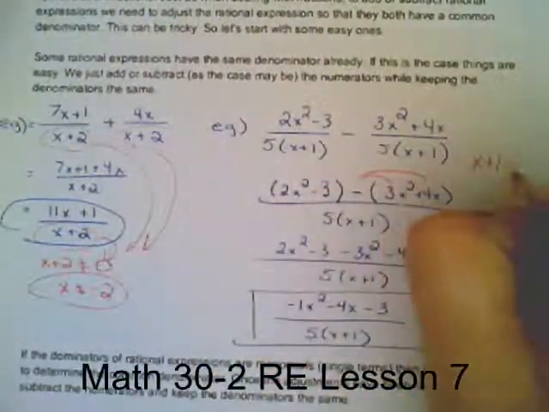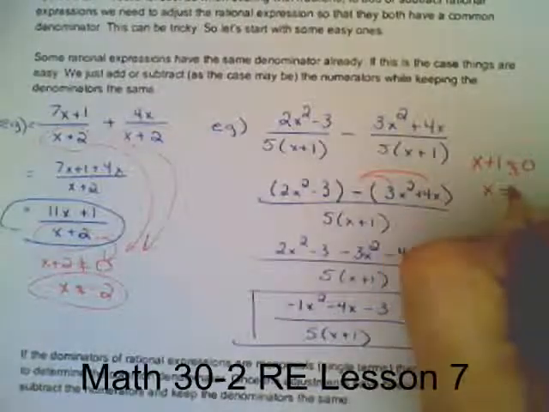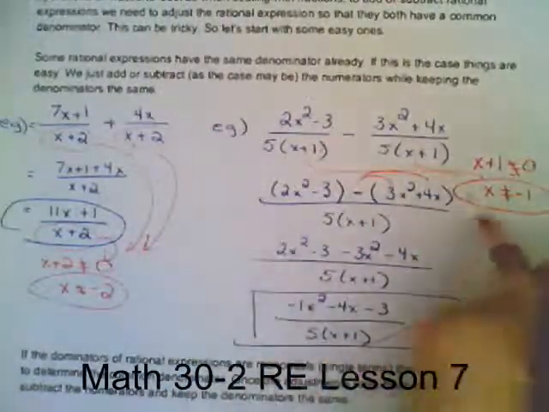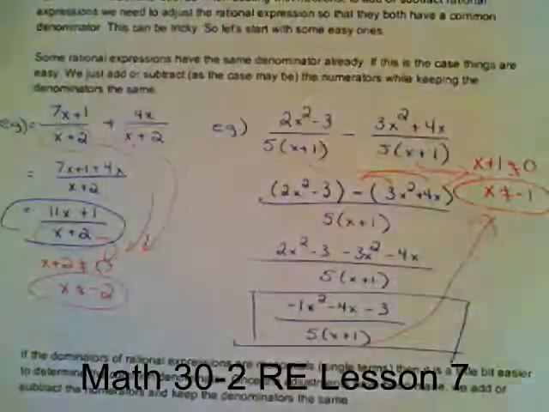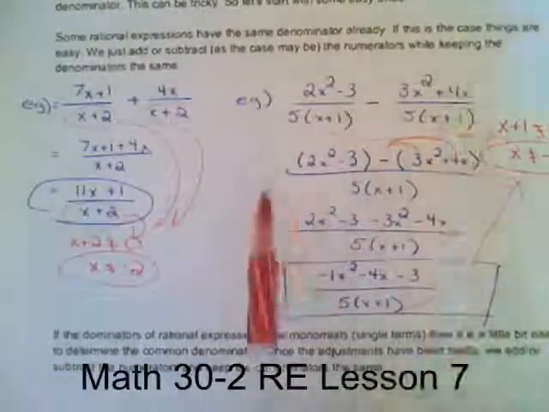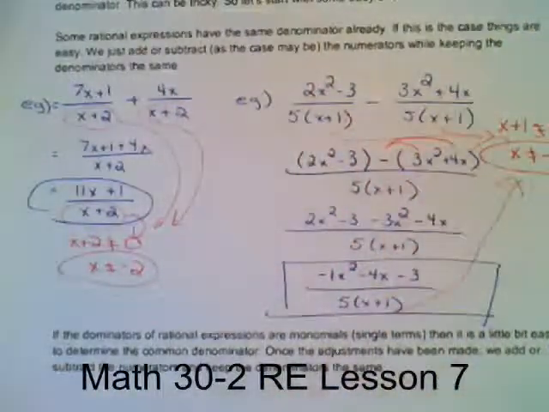Now, I'm going to write it a little bit differently. Bracket 2x squared minus 3, close bracket, minus another bracket 3x squared plus 4x, all over the common denominator of 5 times x plus 1. So I keep the denominator the same and subtract.